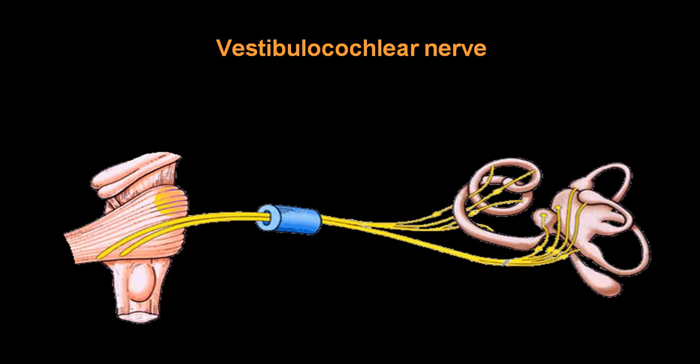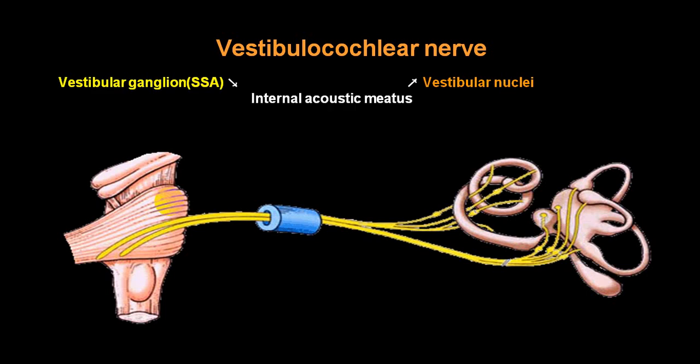And there will be two separate portions. This will be the internal acoustic meatus, through which the nerve will come out and enter the pons. The vestibular division will end in the vestibular nucleus and the cochlear division will end in the cochlear nucleus.